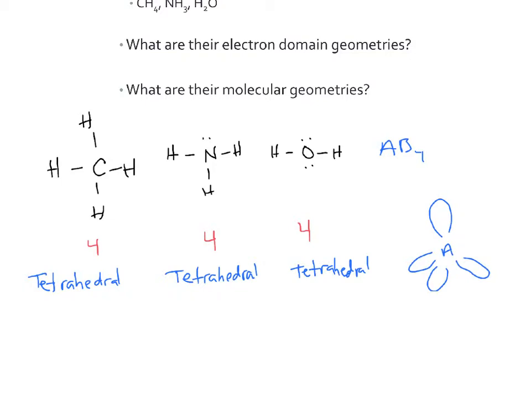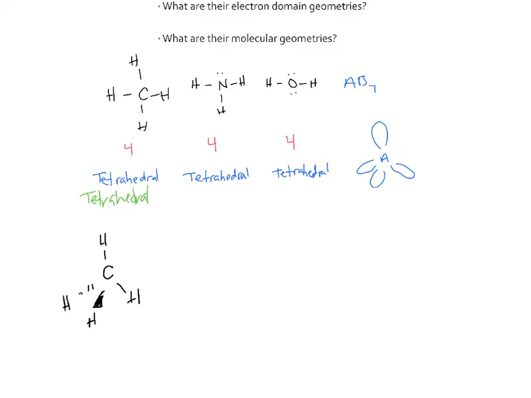So the molecular geometry of CH4 is going to remain tetrahedral. The molecule would look like a tetrahedron because all of those electron domains are atoms.